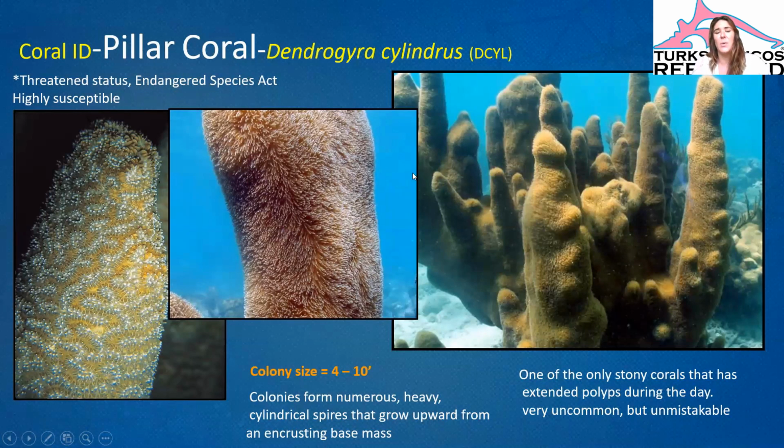Unfortunately, they are also highly susceptible. Very easy to identify. They form numerous heavy cylindrical spires that grow upwards from an encrusting base. Sometimes they can encrust further out and just have little spires growing out. But eventually those spires grow into these large colonies that we see here. They're very common and quite unmistakable.